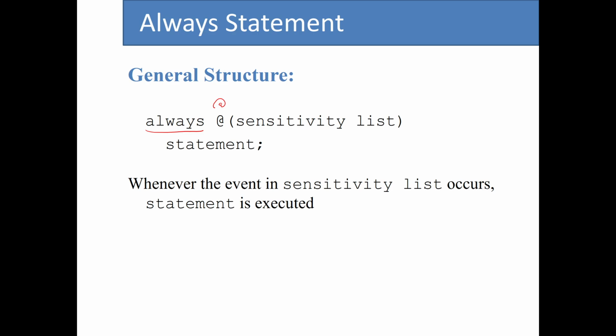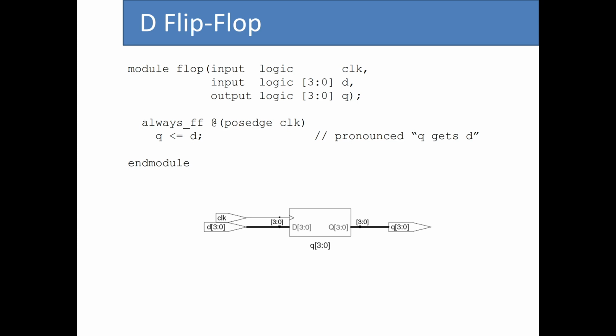Let's take a look at one example, where I want to create a register that contains 4 D flip-flops. If you remember from before, a flip-flop had a data input, a clock input, and a Q output. This was the bare minimum for a flip-flop. For this module, we have the input as a logic value, only 1 bit, as the clock.